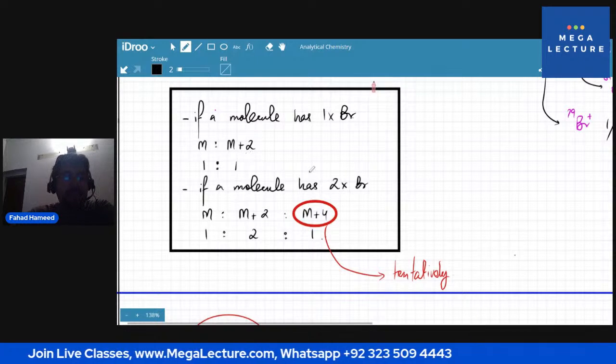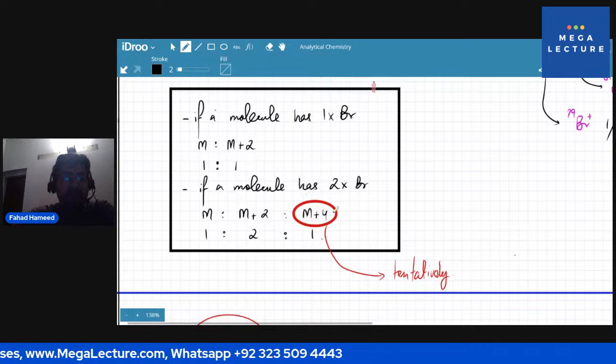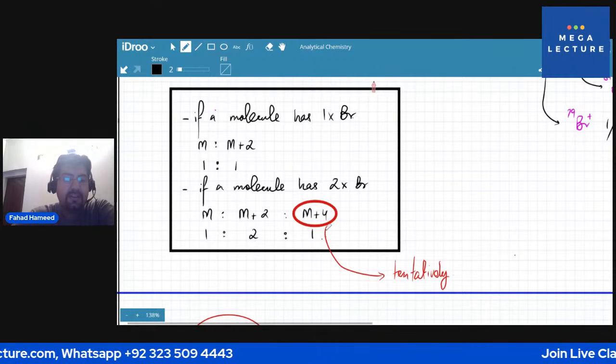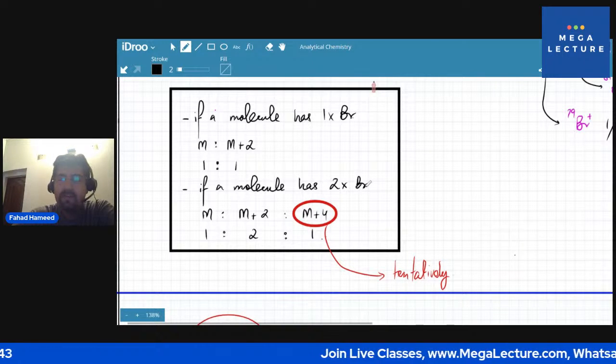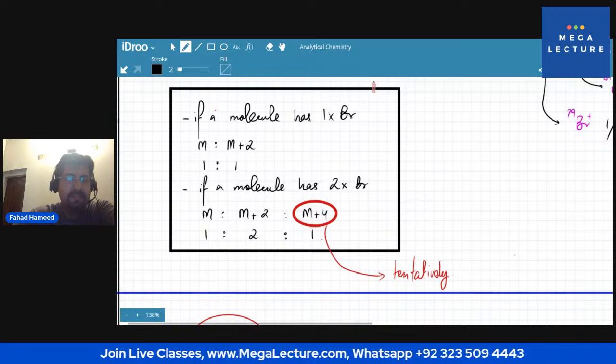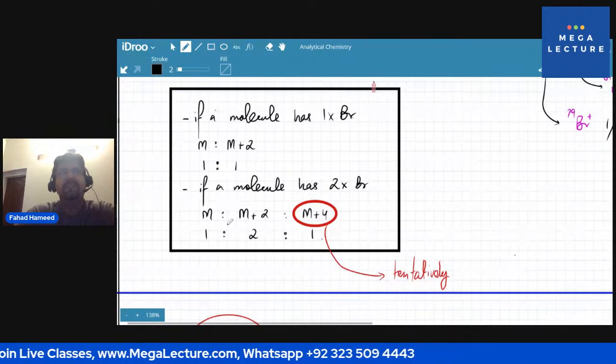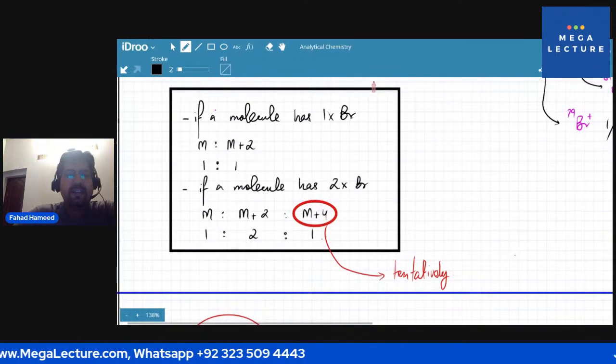And if a molecule has 2 Brs, it's going to have an M, M plus 2, M plus 4 ratio of 1:2:1. But 2 Brs are not mentioned in the syllabus anymore, so we're just doing it tentatively. You'll see the questions, they're going to be extremely basic, very basic.